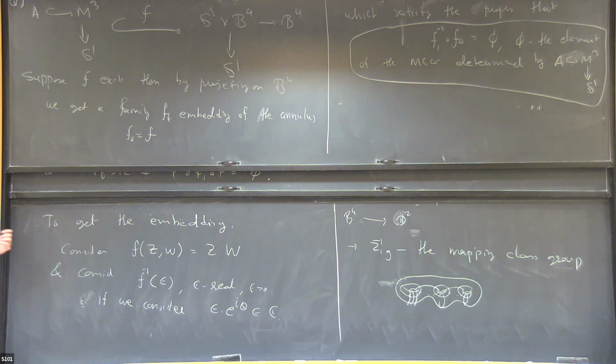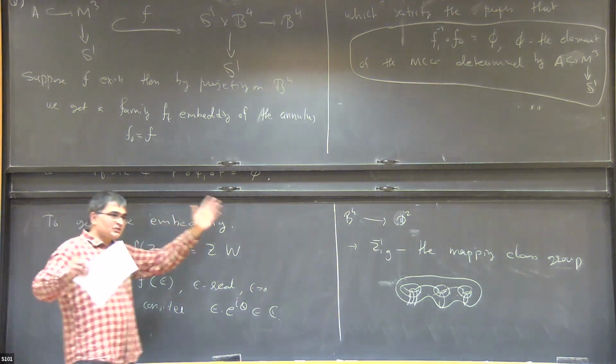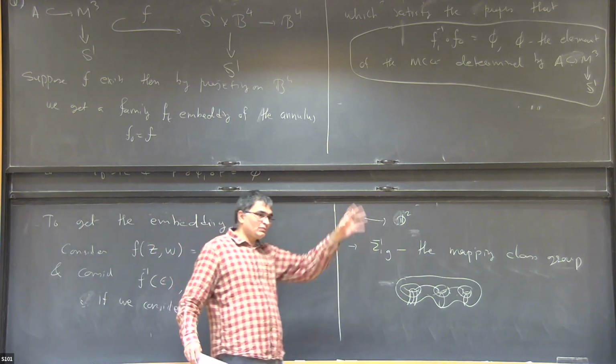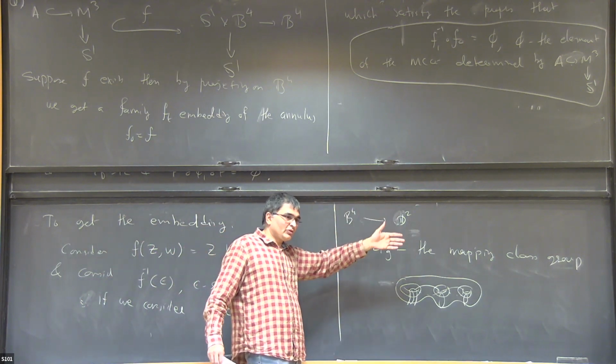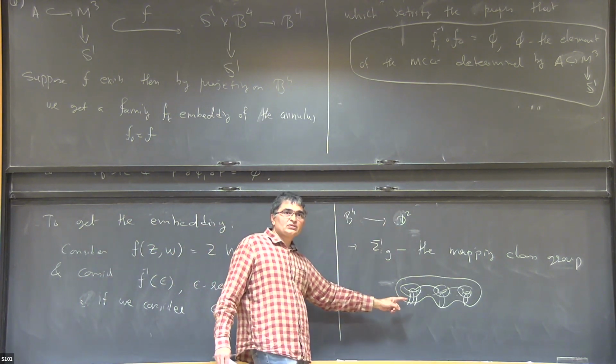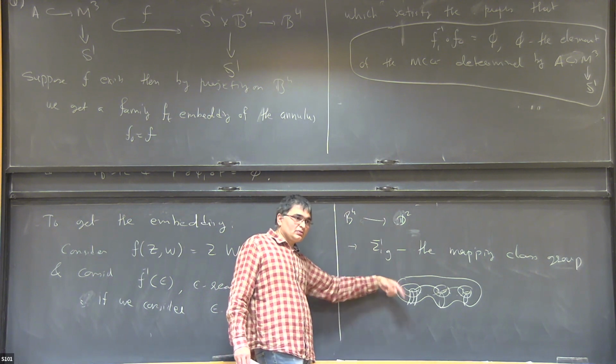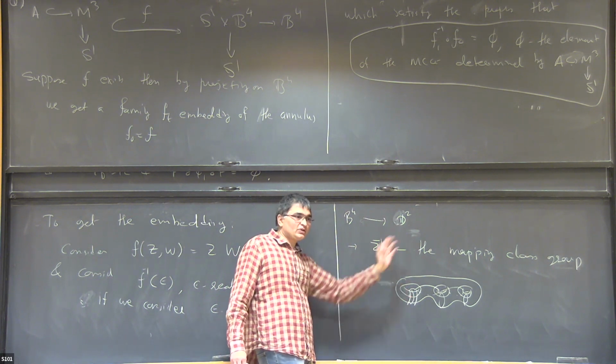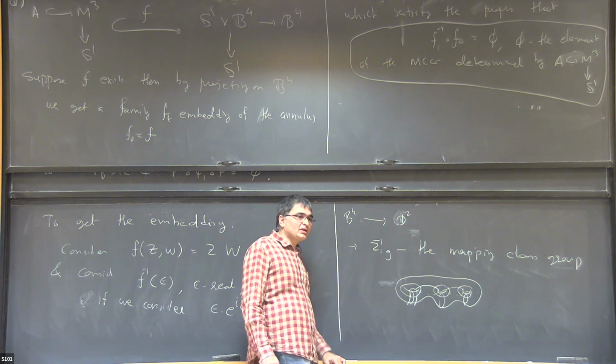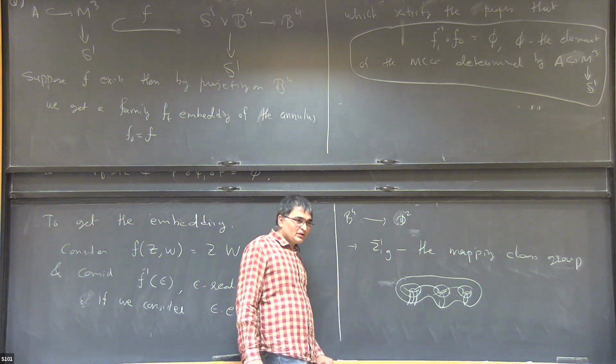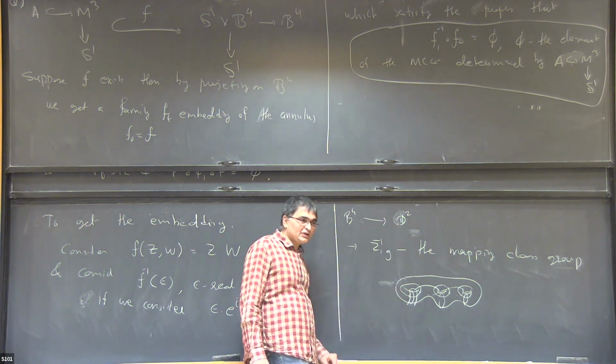And so if you can produce such an embedding of the surface such that its intersection with the balls is just zw equal to epsilon, then you can produce a Dehn twist on these. Therefore this way you can produce an embedding of any fiber bundle over a surface.